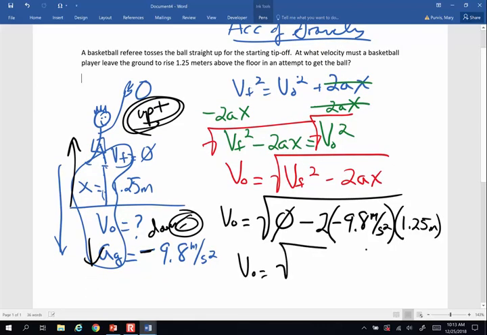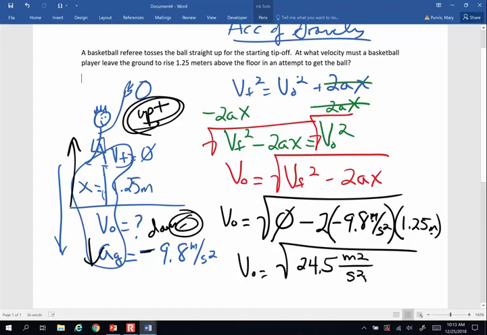So the square root of, and I'm going to do this in a couple steps because I want to show you something, 2 times 9.8 times 1.25. Under my square root, I'm going to end up with 24.5 meters times meters, meters squared, divided by second squared.